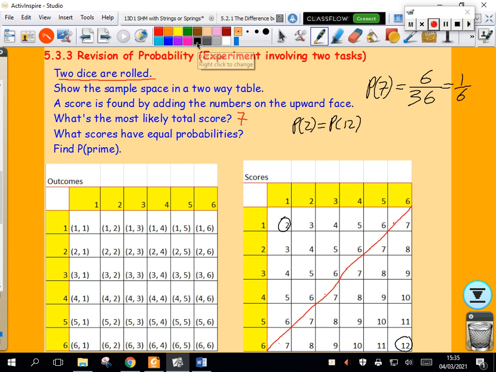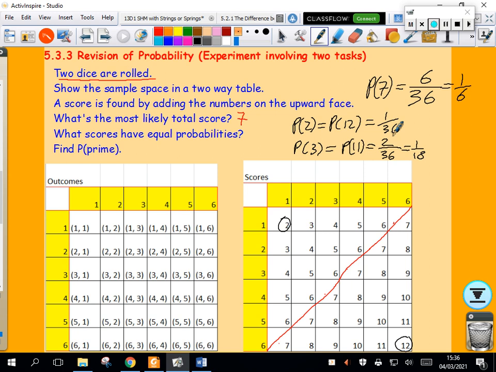So the probability of 3 is equal to the probability of 11. And both of those have a probability of 2 ways out of 36, or 1 in 18. The probability of 2 and the probability of 12 each have probability of 1 in 36. Only one possible outcome, one way that event may occur, divided by 36 possible outcomes.